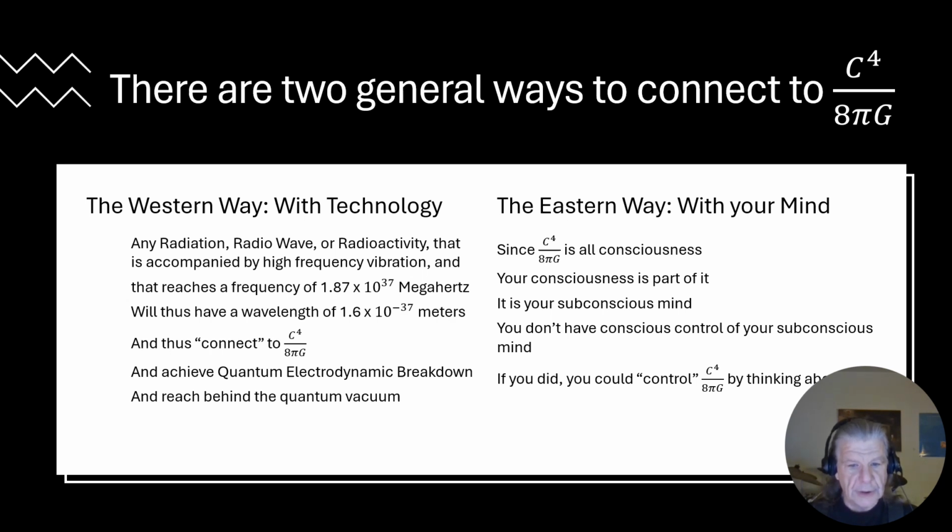Some energy that has that wavelength at the speed of light is 1.87 times 10 to the 37 megahertz. So if you can get high enough frequency, you can actually connect to this superforce, this high-frequency gravitational force that surrounds space-time at every point in space-time.